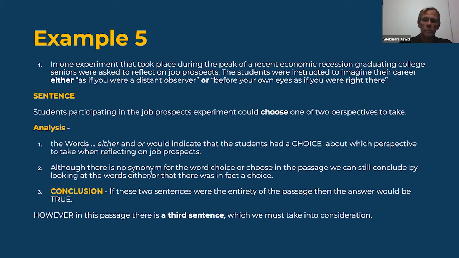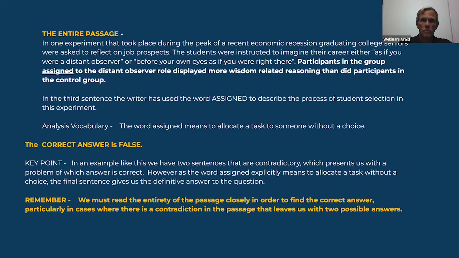Okay. So now we look at the entire passage a little bit differently. It says, in one experiment that took place during the peak of a recent economic recession, graduating college seniors were asked to reflect on job prospects.